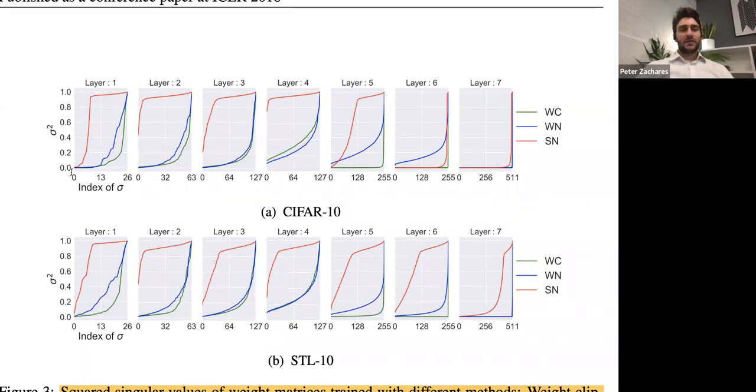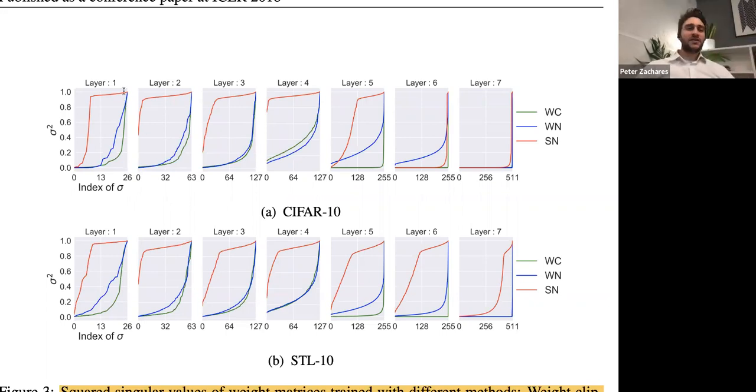Basically, the first layer has 26 columns, and they calculate the singular values of the 26 columns, and they order them where the right of the plot has the largest singular value, and they've normalized all the singular values to 1.